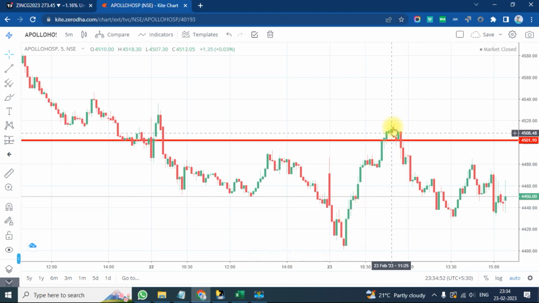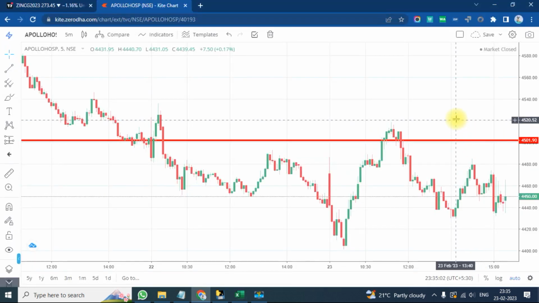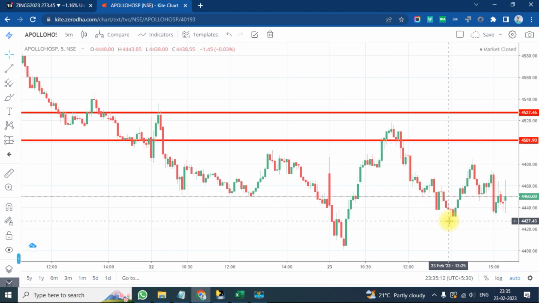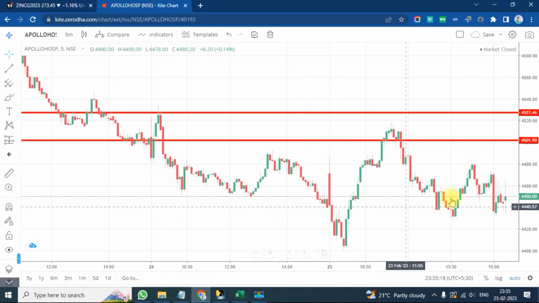It came down, and later at 11 o'clock it touched our selling point. After that, the stop loss was around 4528. So this was our stop loss. It touched our selling level and it came down, and our target was 4440.